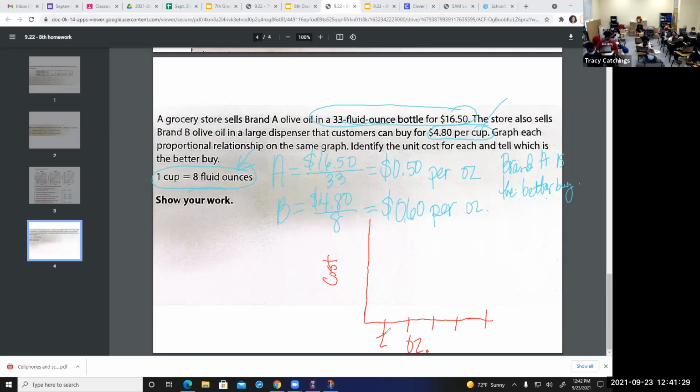All right, so you should have tried to come over with equal amounts, or you could have used grid paper if you had some. All right, cost, what do we count up by? Now notice what we got. We got 50 cents and we got 60 cents. What are we counting by?